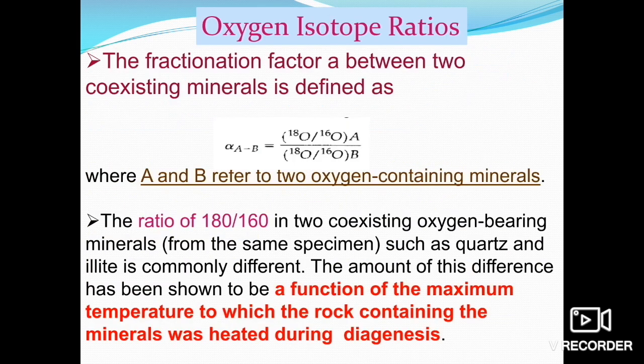And another very important tool is oxygen isotopes. So we know that the fractionation factor between two coexisting minerals is defined as alpha AB, that is, the ratio of O18 to O16 in A and O18 to O16 in B, where A and B refer to the two oxygen containing minerals.